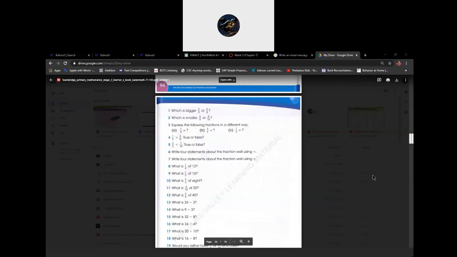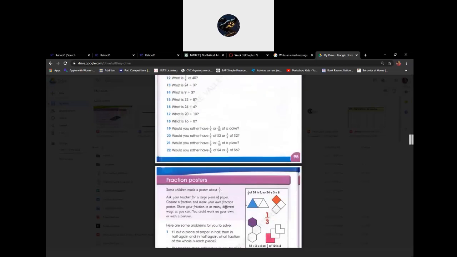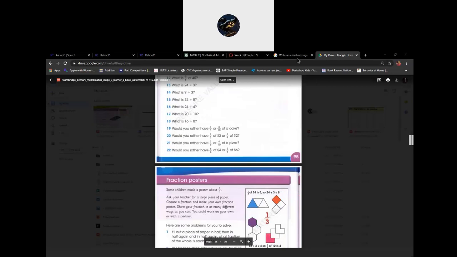How I did it was I tried to get something to match, and I got 1 and 3 to match, and after that I compared them.